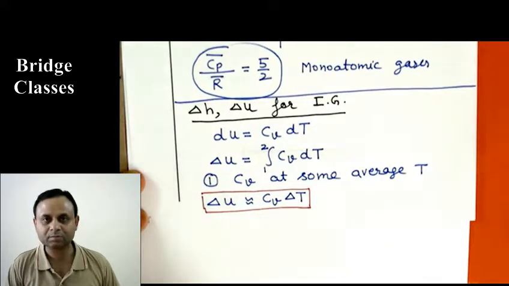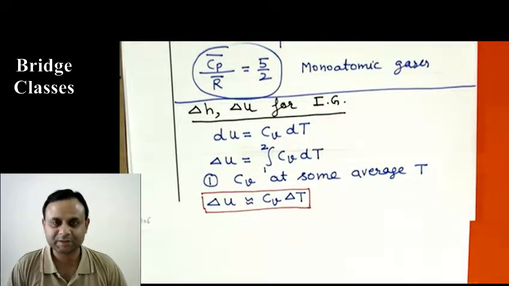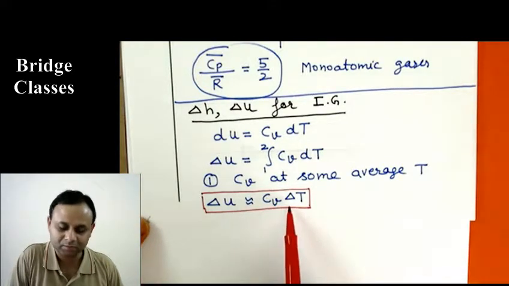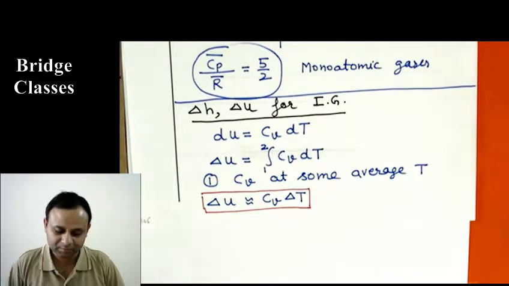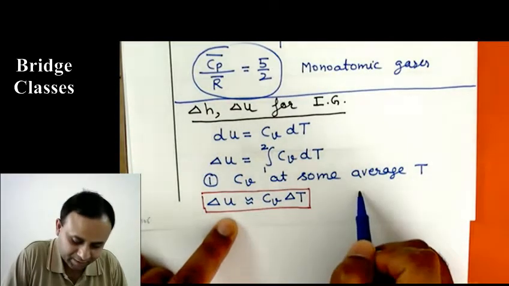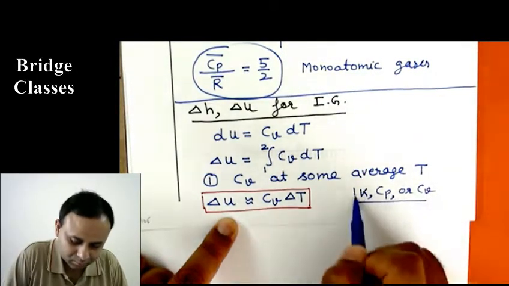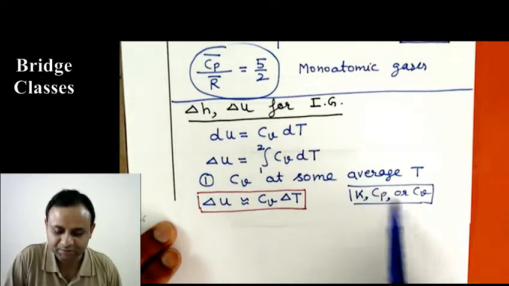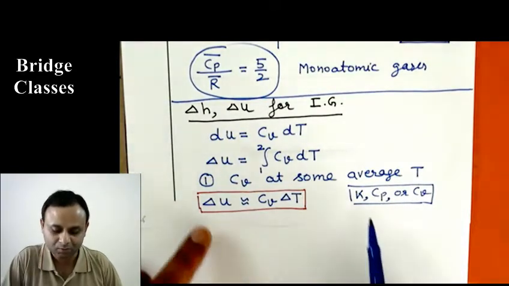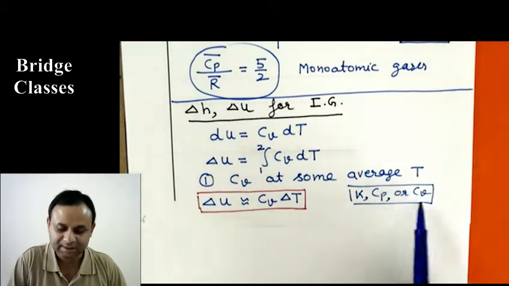And we use this option very often. So if the problem says take specific heat as constant, it means we are going to use this one. Because we take it outside of the integral, it will be Cv delta T. Or if in the problem we are given the value of k, Cp or Cv, because in reality all of these are functions of temperature, but if the value of one of these is given, that means implicit in that is it is saying treat this as a constant.